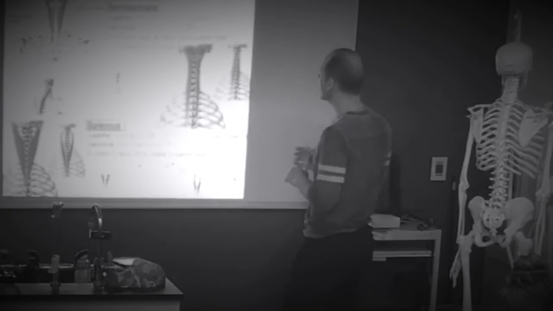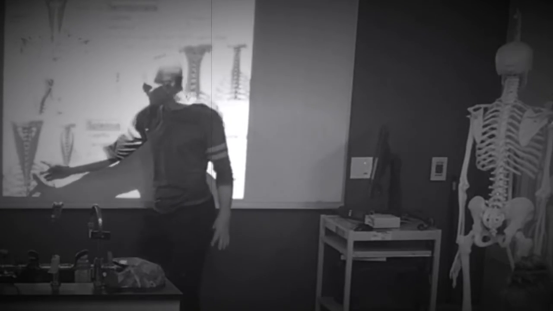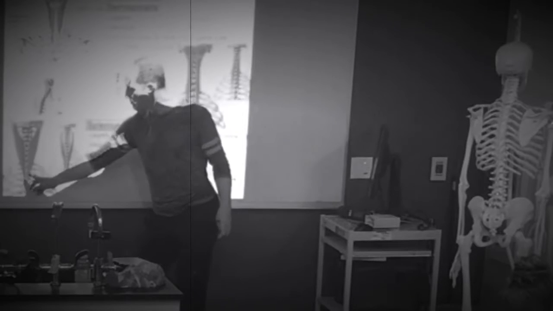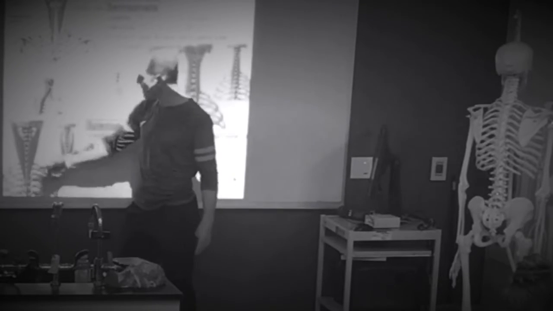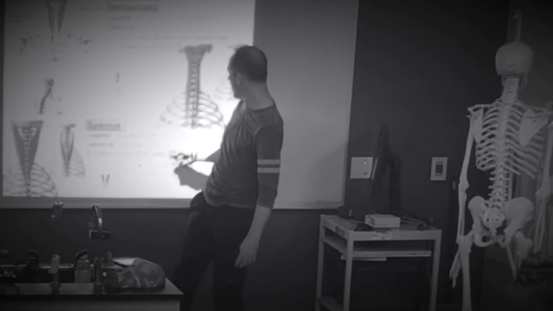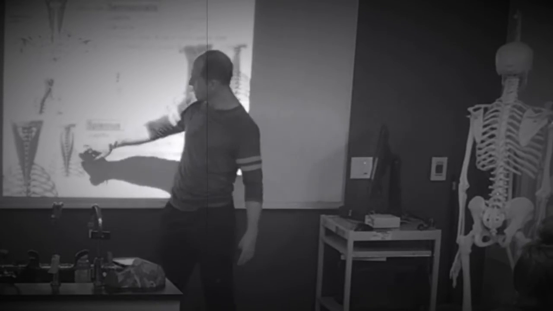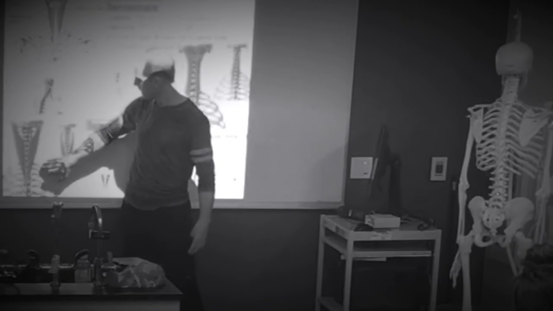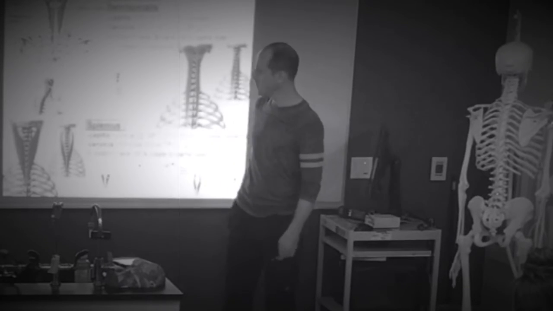Because then the next one is further out. The splenius is further out, and it's almost like the splenius crosses. It goes from the midline to more lateral. So the attachment sites here are the spinous processes and so on, and it goes to the TP, depending if it's the cervicis or the capitis. The capitis is the head, and the cervicis is the neck.